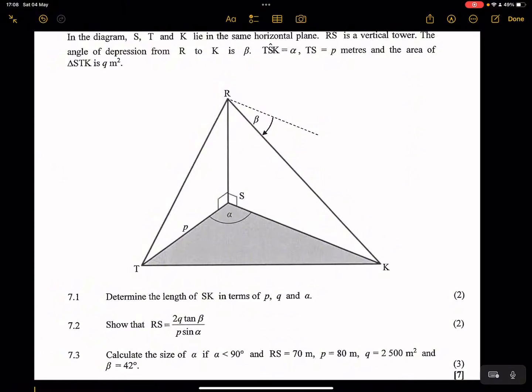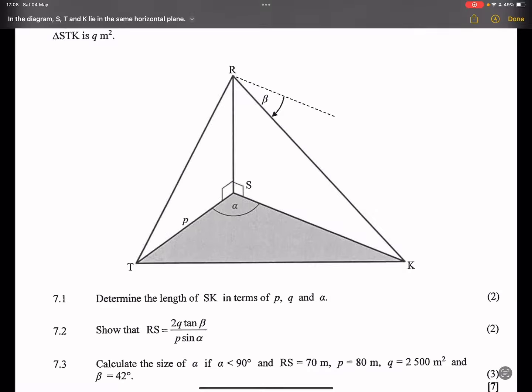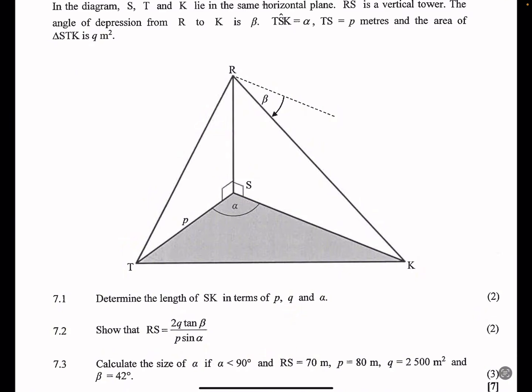Now in this case, remember when you're dealing with this section, ladies and gents, you're first going to work with the triangle with the most information. So what do we note there?